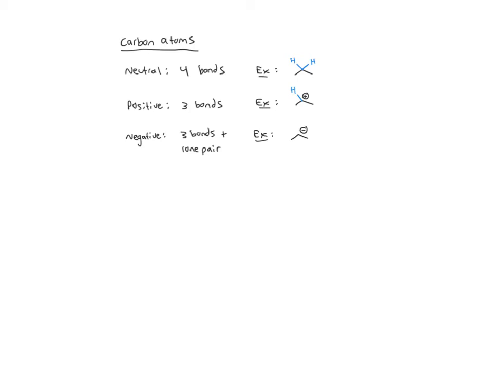Negatively charged carbons also have 3 bonds, but in addition to those 3 bonds, they have a lone pair. On this particular structure, the middle carbon has a negative charge shown, and we have 2 bonds that are also shown. That means we have to draw on 1 more bond to an H that's implied. What we also have to draw on this molecule is a lone pair. So negatively charged carbons have three bonds and a lone pair.